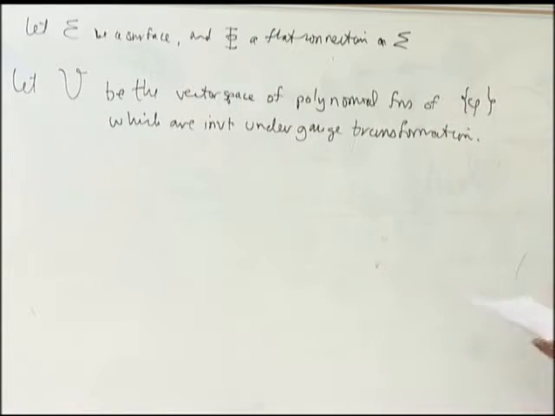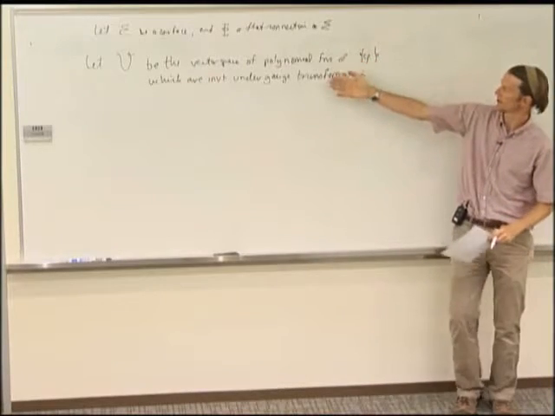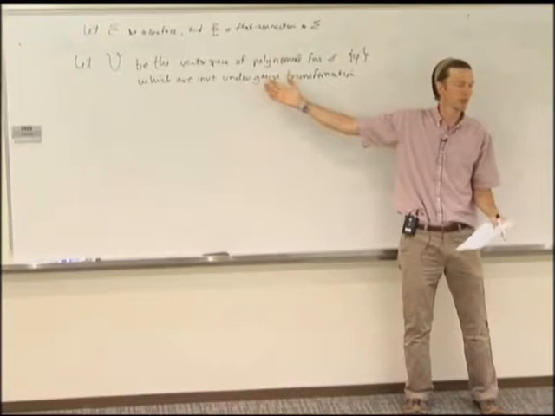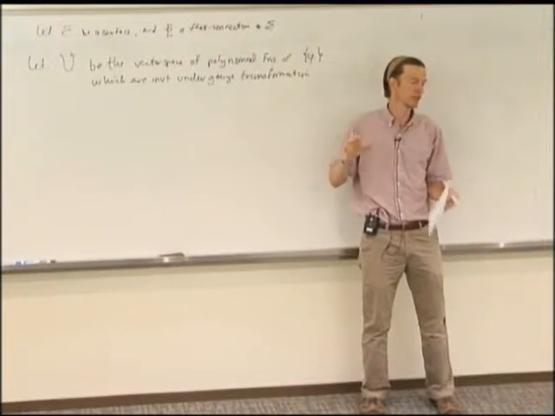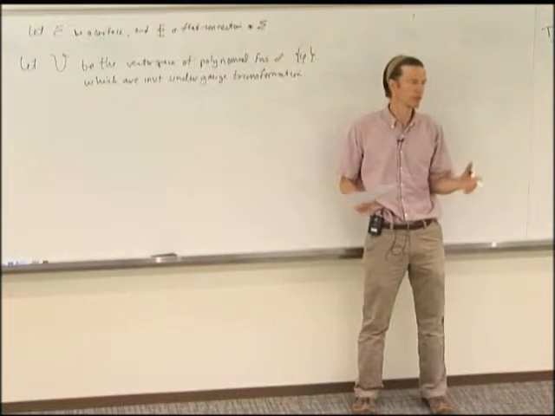Because we're dealing with flat connections, this is an infinite dimensional vector space, but it's finite in each degree. If you fix the degree of the polynomial, there's only a finite dimensional vector space.